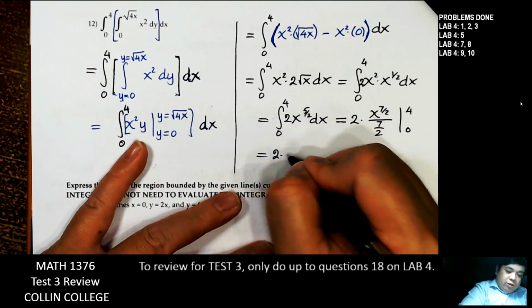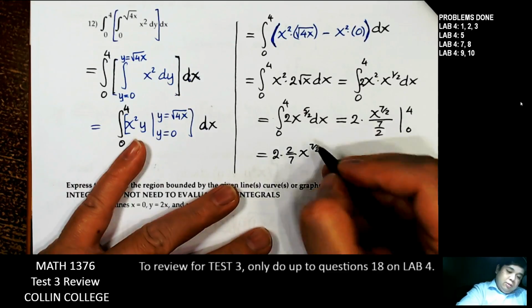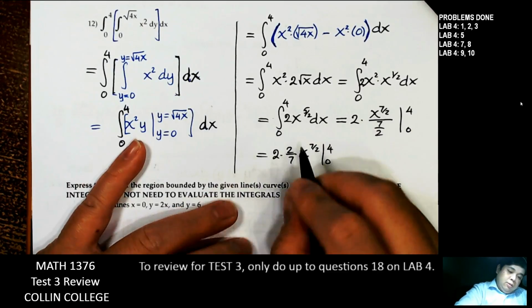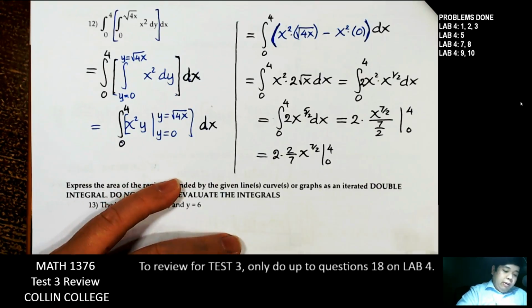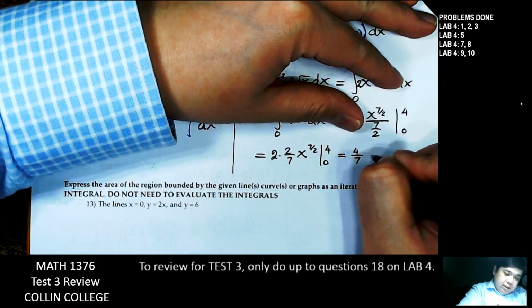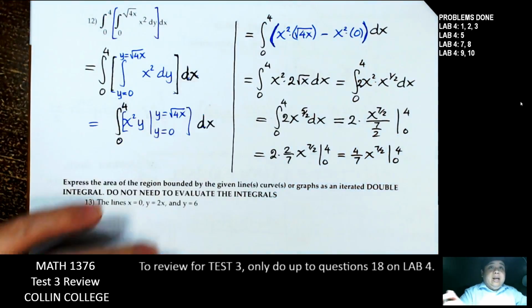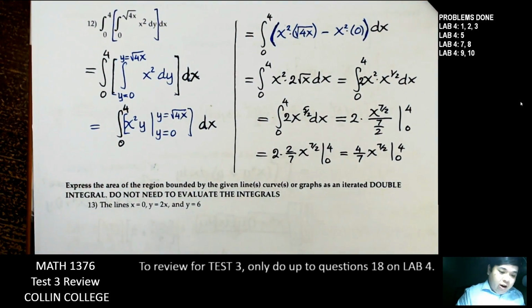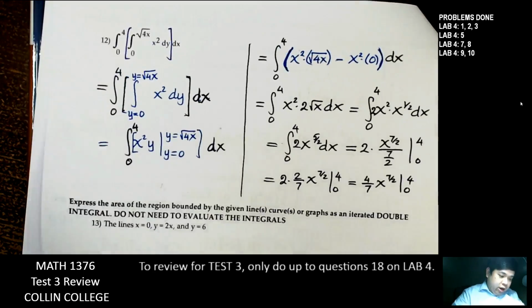Multiply by the reciprocal. So we have 4 over 7, x to the 7/2, from 0 to 4. And you can just finish the problem off. Put 4 in and put 0. That should be easy. Right. So that is the double integral.